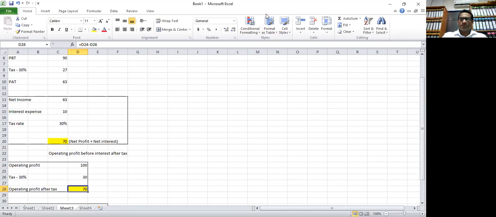What is the other question? Does DPS include both dividend paid and proposed dividends? Yes, it includes both. Dividend per share is how much dividend per share.